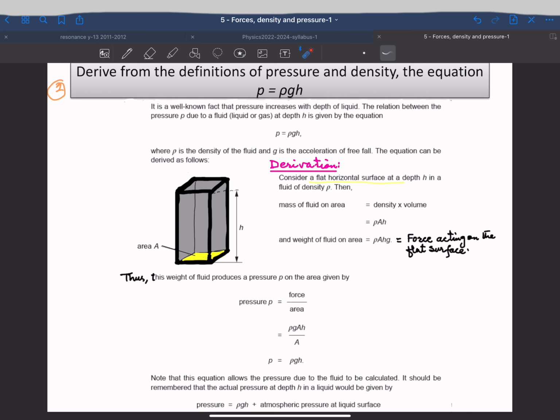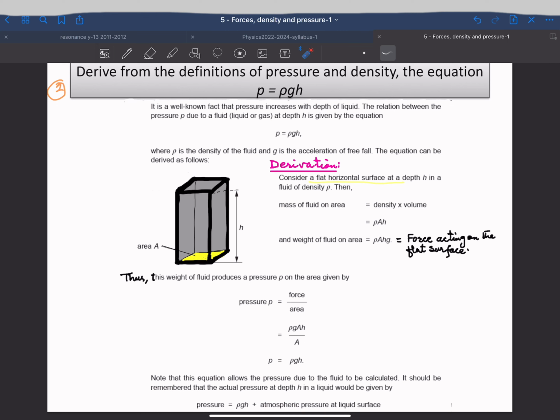equal to rho gh. But you also know that when we are living on the surface of the earth, we have the atmospheric pressure as well. So if you want to know the total pressure because of this liquid or fluid and the atmospheric pressure, simply you can say that the sum of these two, the pressure due to the liquid or fluid and the atmospheric pressure, when you add both these two things, you will get the net pressure on this surface.